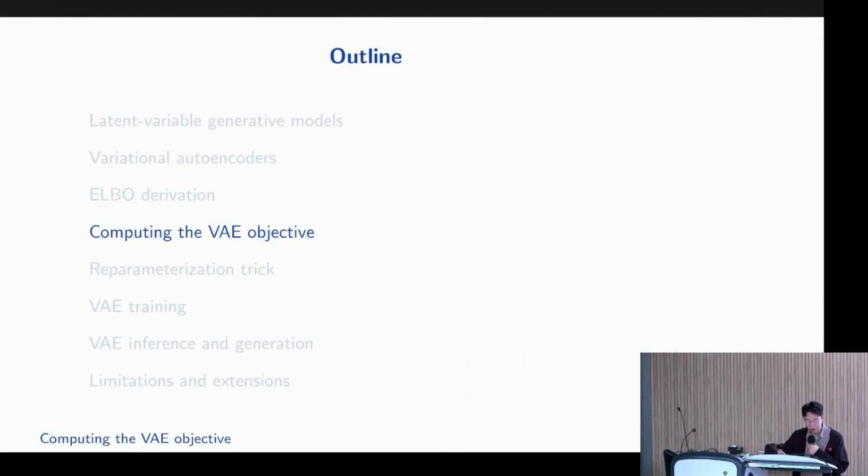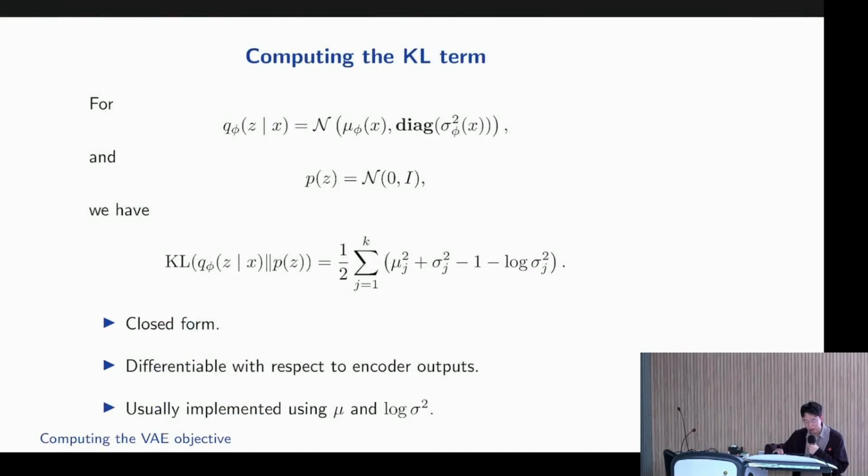Okay, so how do we actually go about computing the objective? So we're not quite done yet. The KL component, as we discussed, if we have this univariate Gaussian and standard normal, the KL between the two distributions simplifies to this expression here in closed form. And that's obviously differentiable with respect to our encoder-decoder parameters.